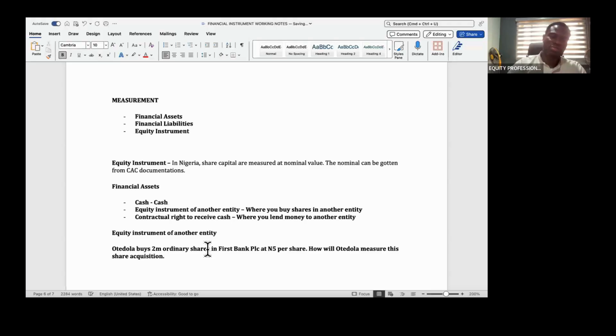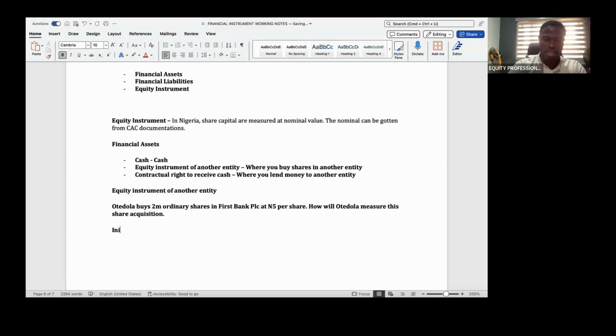When we are talking about measurement, you need to know that there's something we call initial measurement. Initial measurement is the measurement at the date of acquisition. So let's assume that this is 5 naira per share at the date of acquisition.